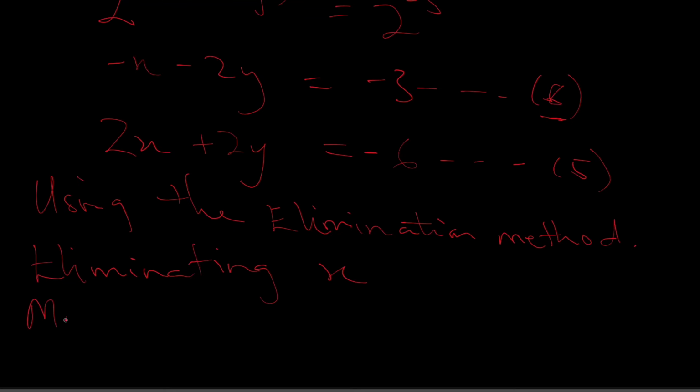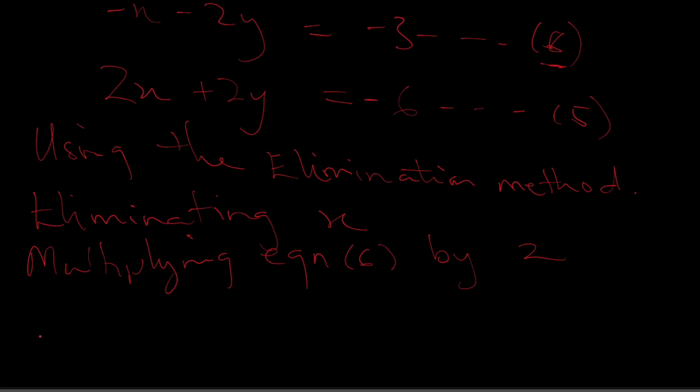Multiplying equation 6 by 2, we have negative 2x minus 2 times 2y, which is 4y, equals 2 times negative 3, which is negative 6.